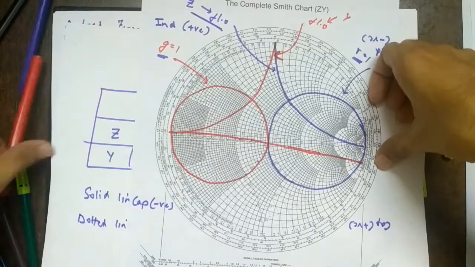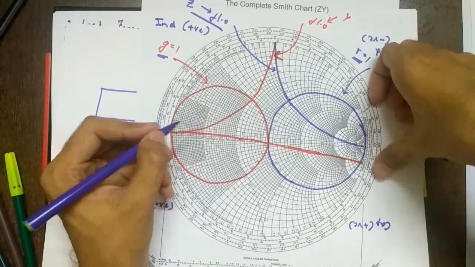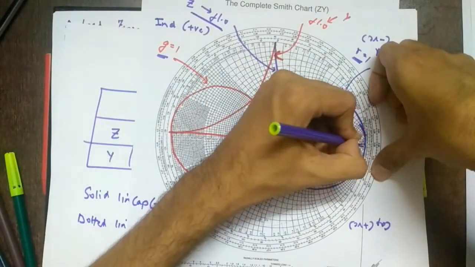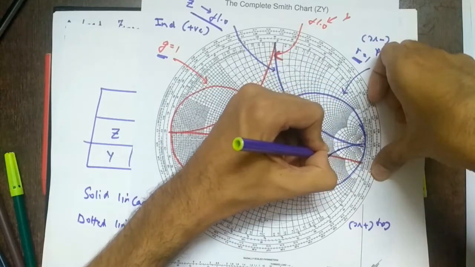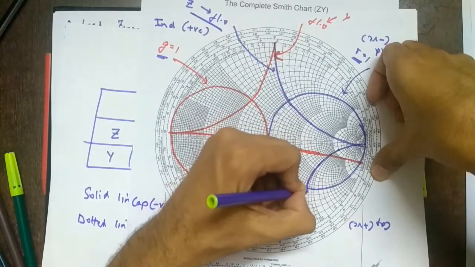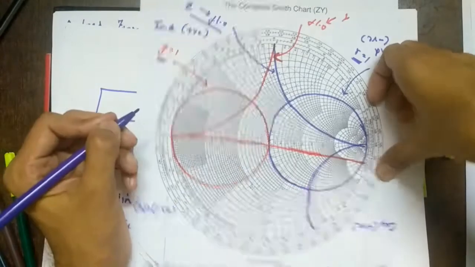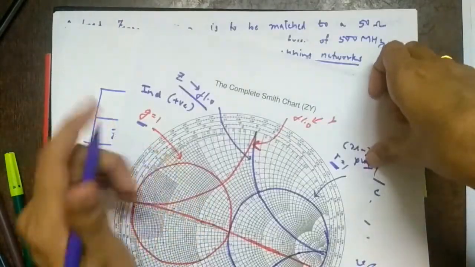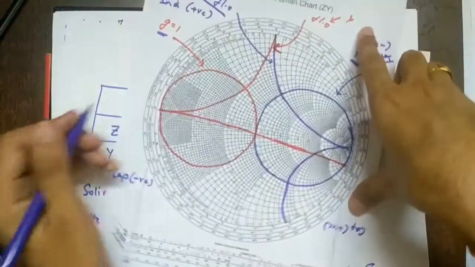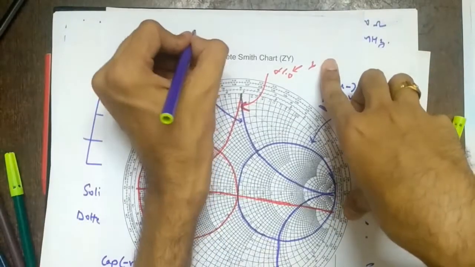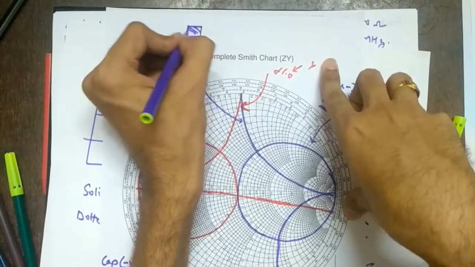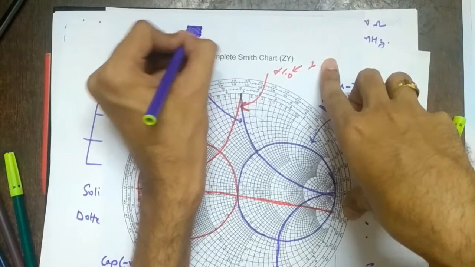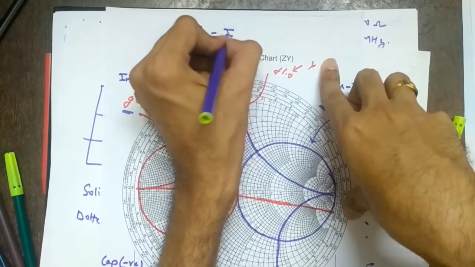Admittance, right? Then I have a solid line. So the solid line goes somewhat like this. I'll shade it. So this color represents what?